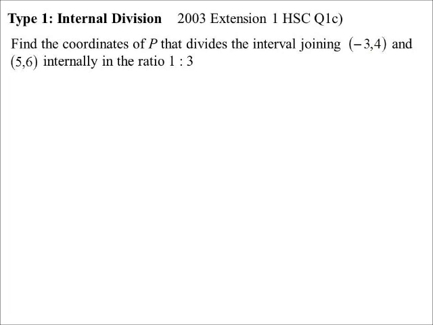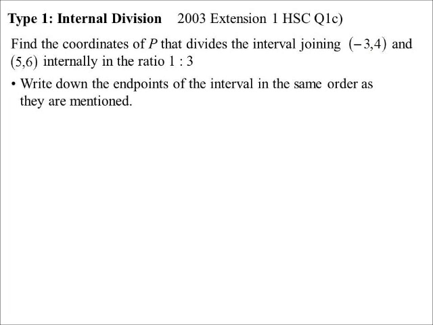This is how I do it. I'll write down the endpoints of the interval in the same order as they're mentioned. So in this case, I'll write down minus 3, 4, and then 5, 6, because that's the order they're mentioned in the question. Then I'm going to write down the ratio underneath it. So the ratio is 1 to 3.